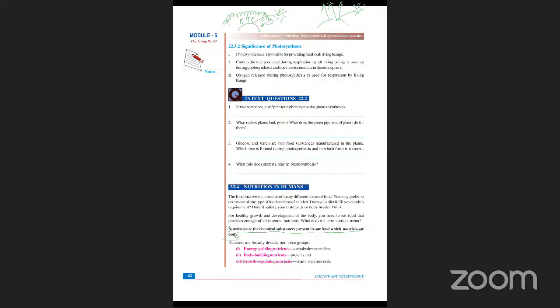Next part. Nutrients are of three types: energy yielding nutrients, bodybuilding nutrients, and growth regulating nutrients. We get energy from carbohydrates. For example, if you feel you are not having any energy, you are tired, then eat sugar or have an energy drink like Sting or Red Bull.